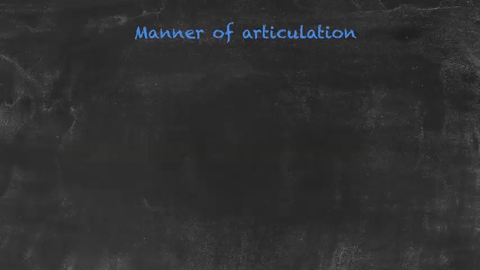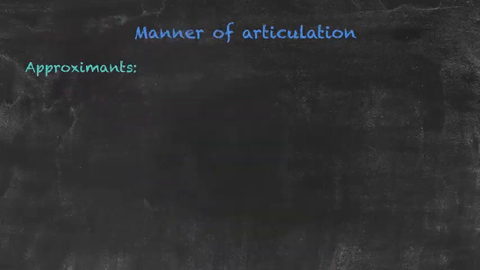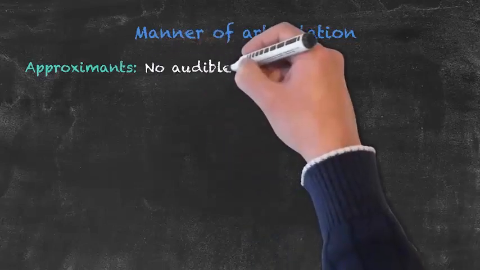Finishing off our manner of articulation, we have our approximants. There are 3 approximants, and I'll get to those shortly. The reason they're called approximants is because basically our vocal organs are approximately in the middle of our mouth. The big factor here is that there isn't any audible friction.